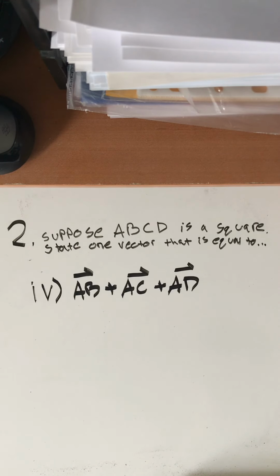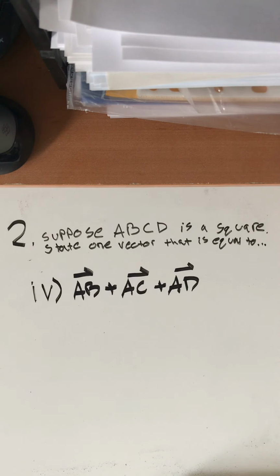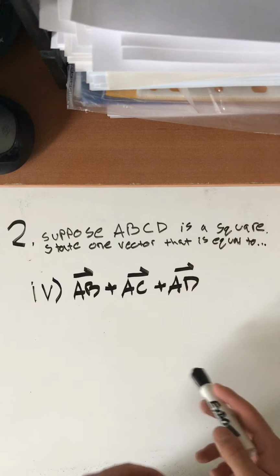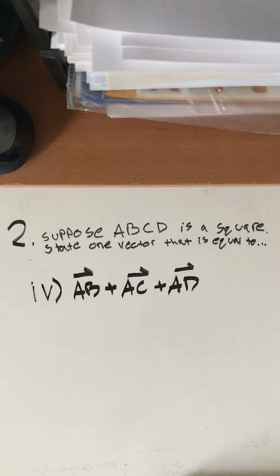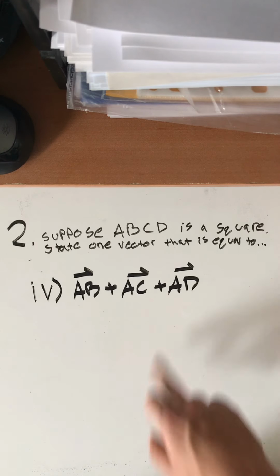Okay, so at first glance now we don't have any like terms. However, it doesn't mean we cannot rearrange or try to find equivalent terms. So let's look at AD, for example.